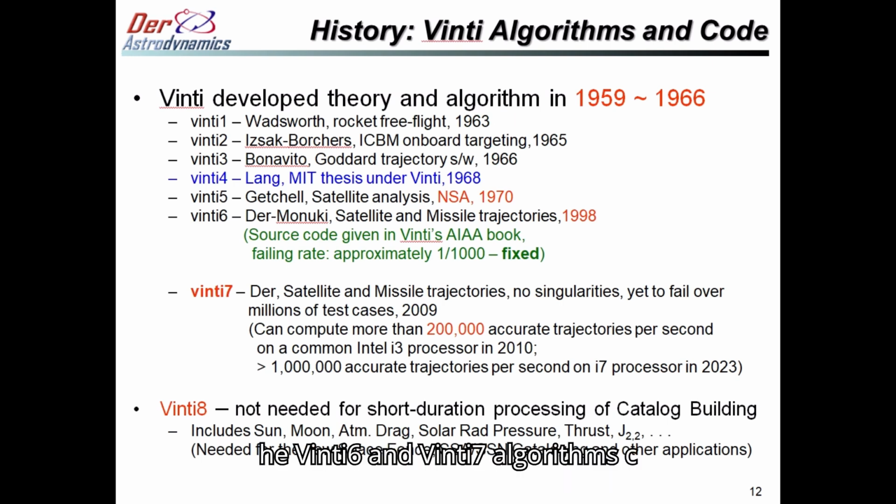The Windy 6 and Windy 7 algorithms can compute about 200 accurate trajectories per second on an Intel i3 processor in 2010, and over 1 million accurate trajectories per second on an i7 or i9 processor in 2023. Windy 8 is not needed for short duration orbit propagation as needed for catalog building.